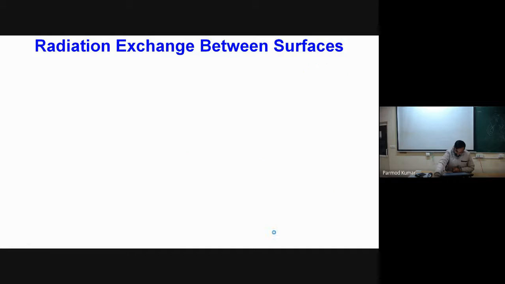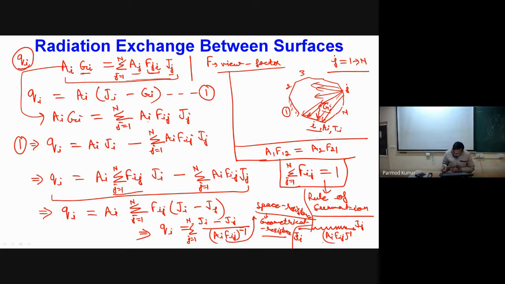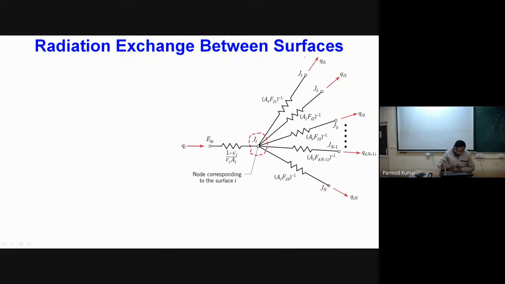So now this is something which I have just explained for one face, but in the general case I am considering the ith face and I have an n-face enclosure. So if I have to find out the interaction of n faces, you will find that this is my node i, where I have this Qi as interaction.